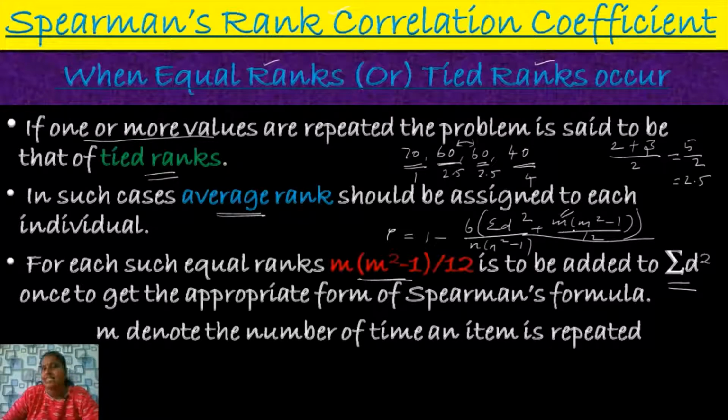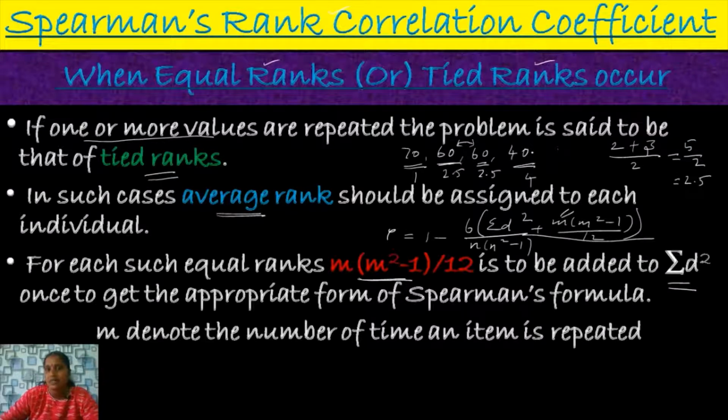We add this correction factor because Spearman's formula is based on the assumption that different ranks are assigned to different individuals, so a correction becomes necessary in case of tied ranks. That's why we add this correction factor to sigma d square whenever there is a tie between the ranks. Here m denotes the number of times a particular value is repeated.